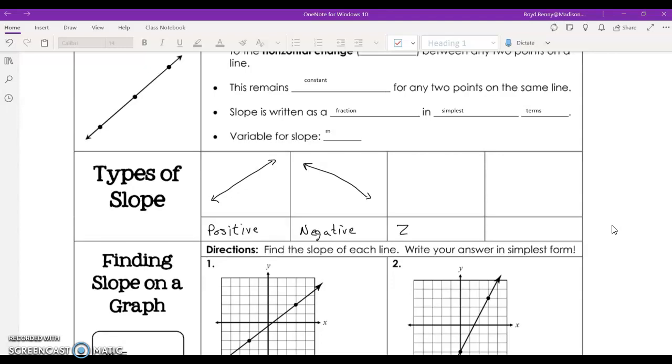A zero slope is actually somewhere in between, which is a flat line, does not rise. And there's also an undefined slope, undefined. And the undefined slope is just a vertical line, goes straight up and down.